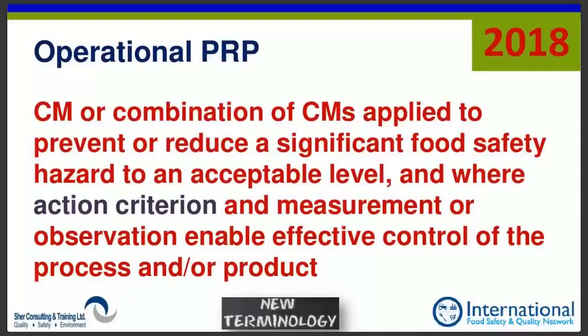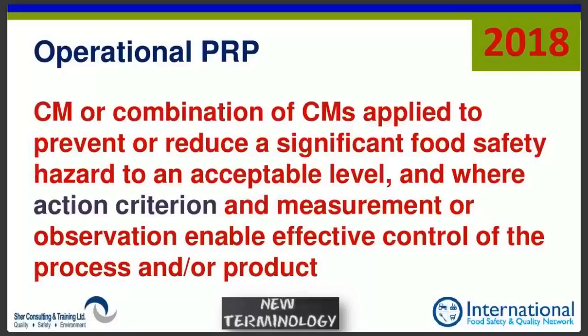So up until now, this is an exact same definition as a CCP, exactly the same, without the step in the process. And the addition explains what they mean and where action criterion and measurement or observation enable effective control of the process or product. So no more critical limit and no measure, which is mandatory for CCP.